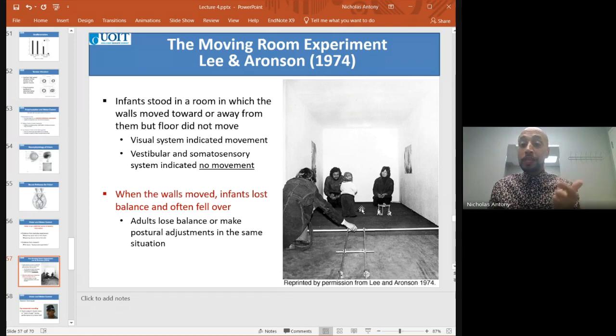The reason is that we have no choice, our body uses vision more than anything. So in these moving room experiments, if the room was coming at people standing there, they would lose balance. Even though the floor wasn't moving, vision would tell them that they're falling or moving.